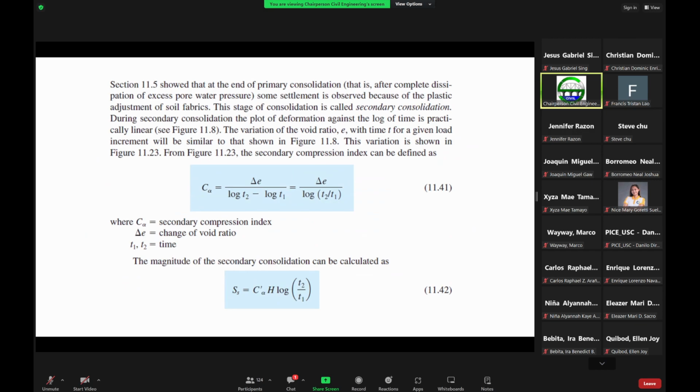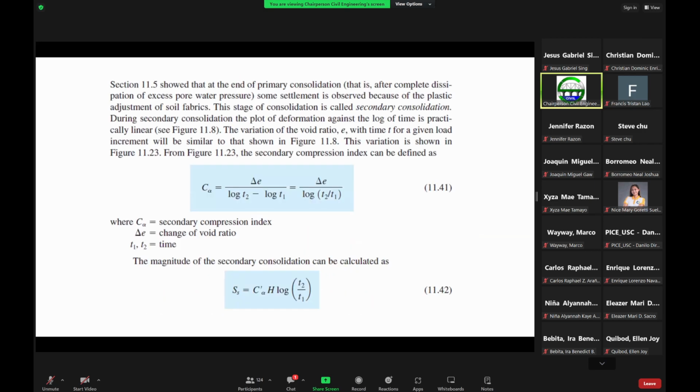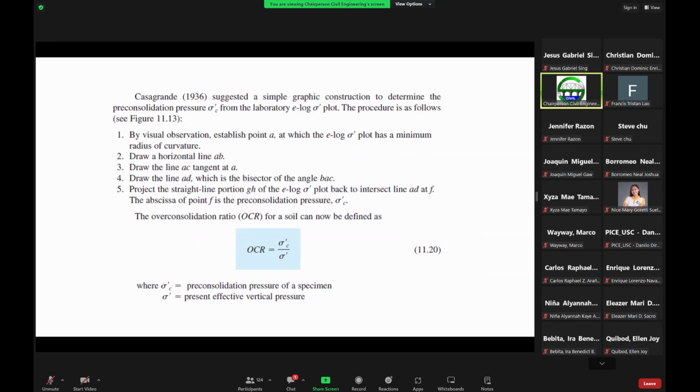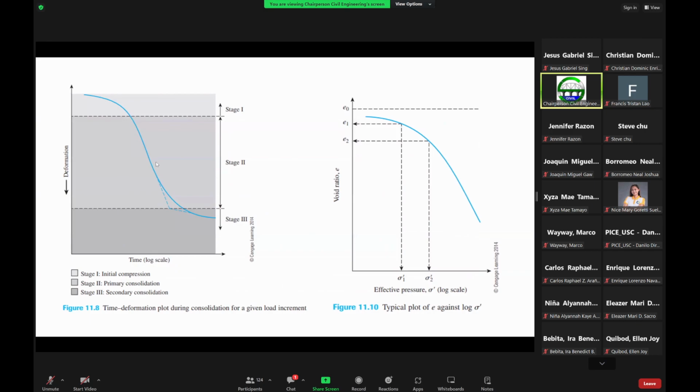Now, if we look at the figure here, after the primary consolidation settlement, the next stage is the secondary consolidation settlement.